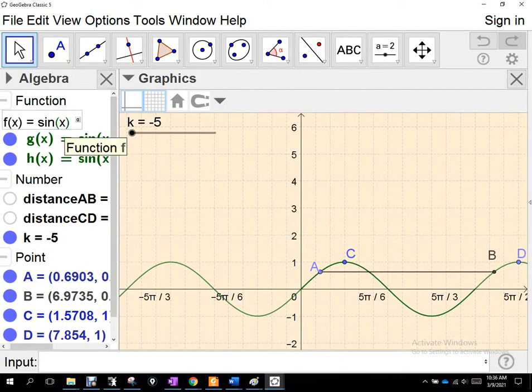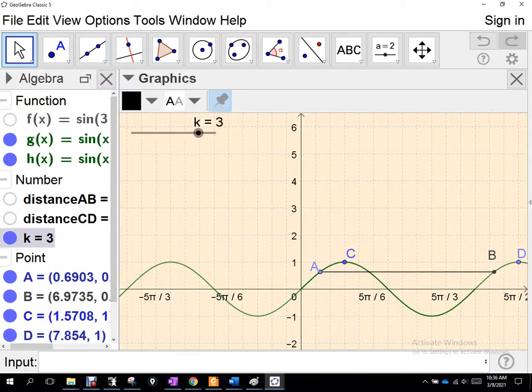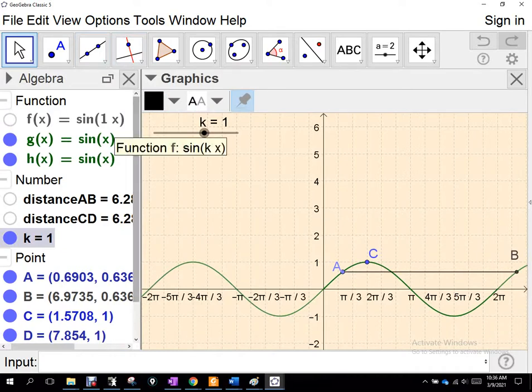If you guys remember when we were working with x squared and x cubed, if we multiplied the x by a coefficient before squaring or before cubing or square rooting or whatever the function may have been, it is going to change the horizontal shape. Okay, so what I'm going to do, I don't have that one highlighted.